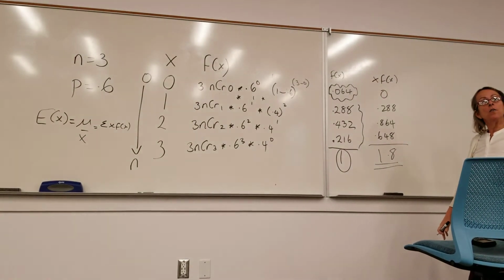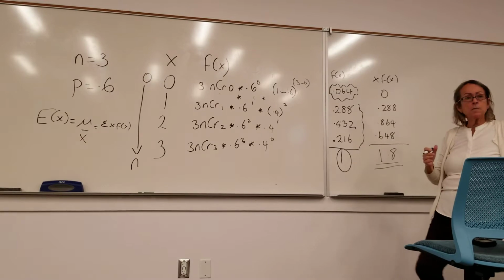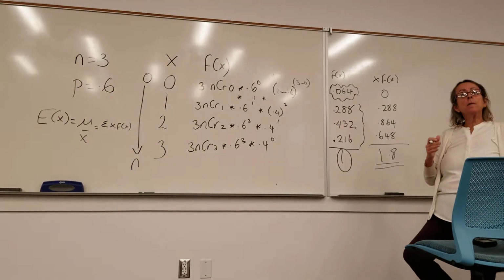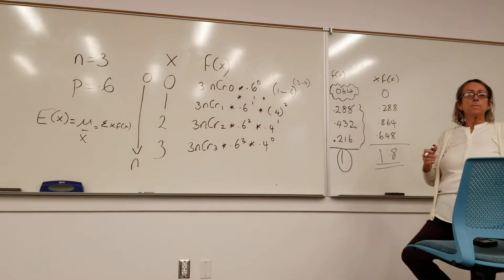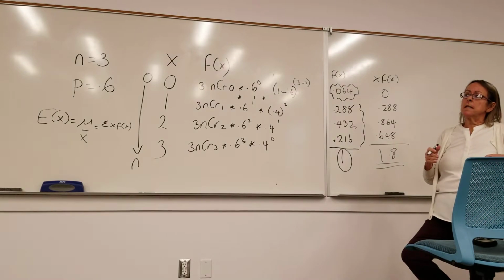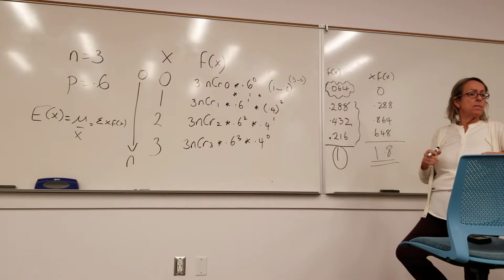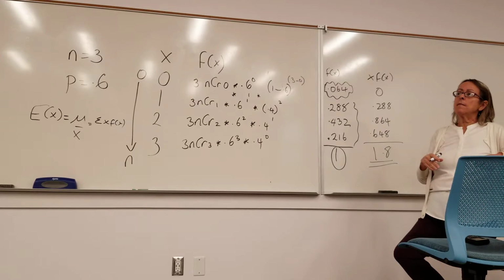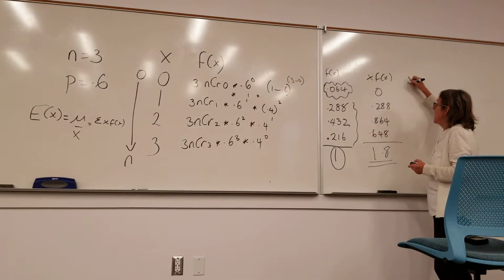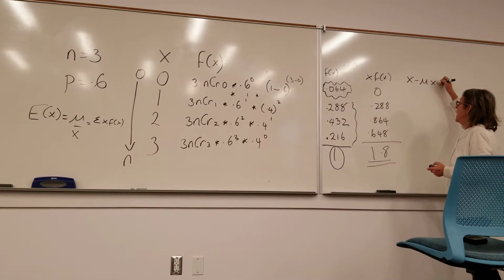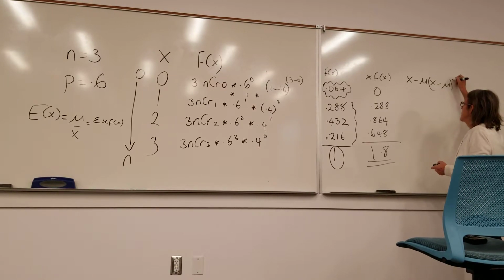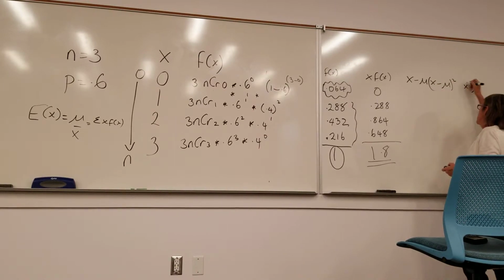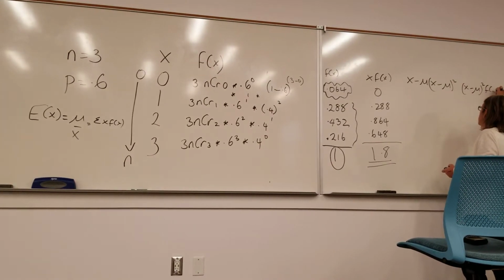So with binomial, if you can identify your experiment to be a binomial experiment, you have shortcuts in doing the expected value. You also have shortcuts in the variance, because remember we did x minus the mean squared times f of x.